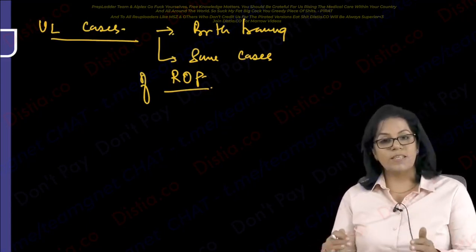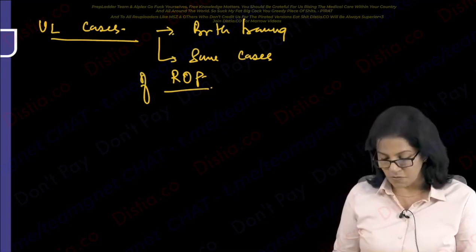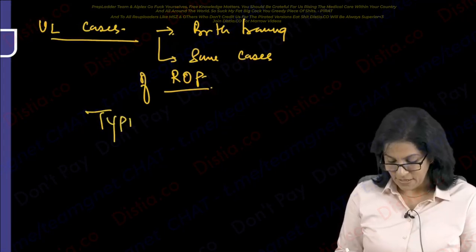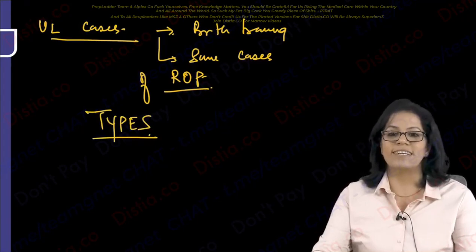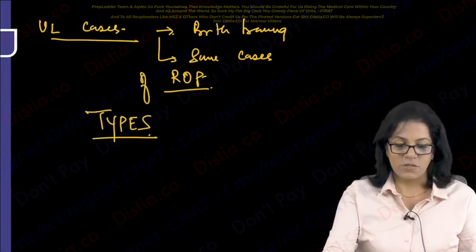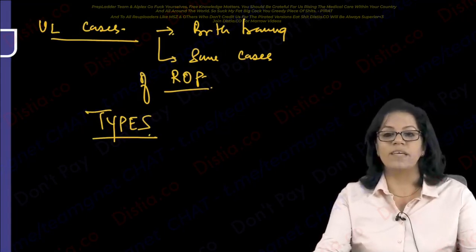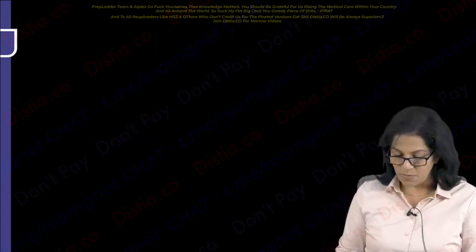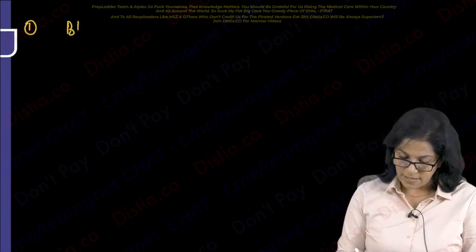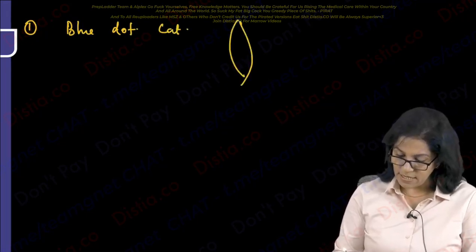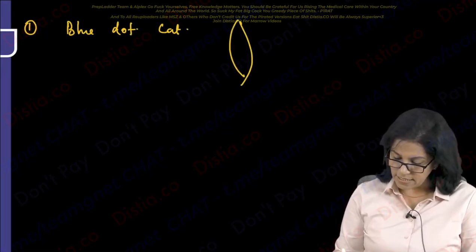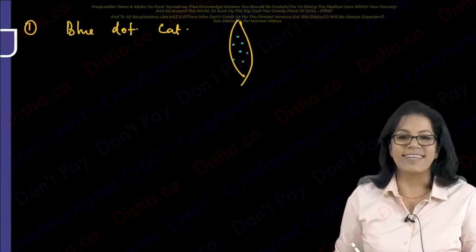So, once we know the etiology, we will talk about types of cataract. All the types are named according to the morphological appearance. Right? So, whatever it looks like, we have named it. So, first is your blue dot cataract. Let us write it first. We will see the slide later. Blue dot cataract means common sense. When I look at the lens, I see some bluish dots as a cataractous opacity.